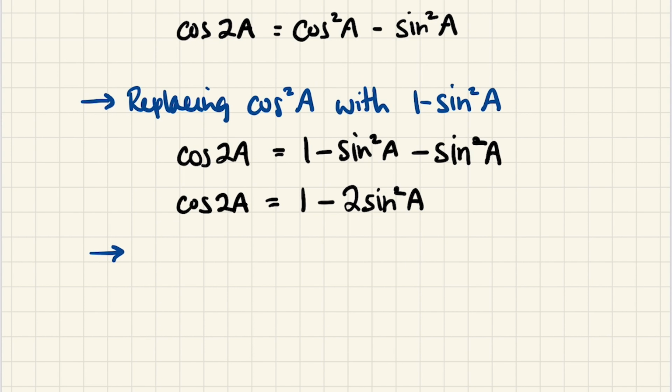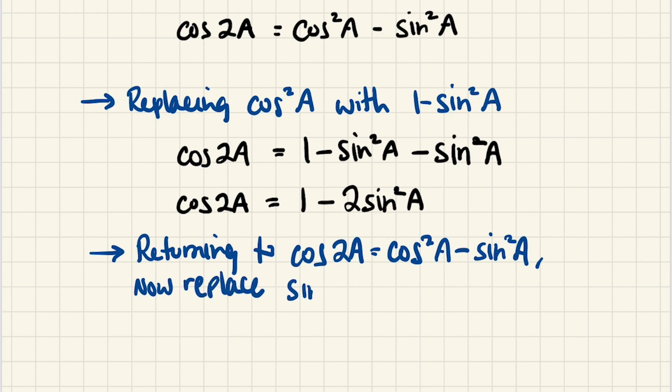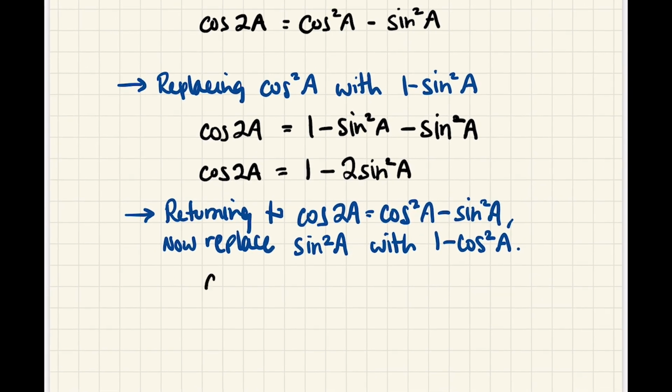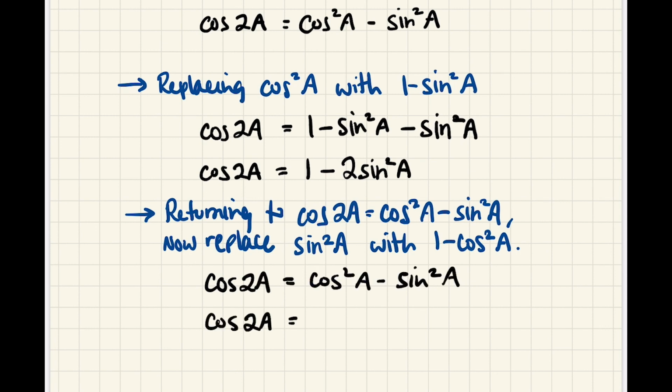We could return to this principal double angle identity for cosine, and instead of replacing cosine squared with 1 minus sine squared, we could equivalently replace sine squared with 1 minus cosine squared. See what happens in that situation. Okay, so sine squared is now being replaced by 1 minus cosine squared.